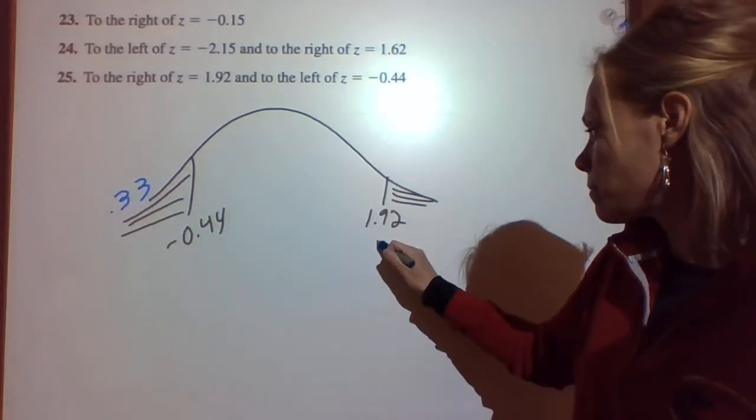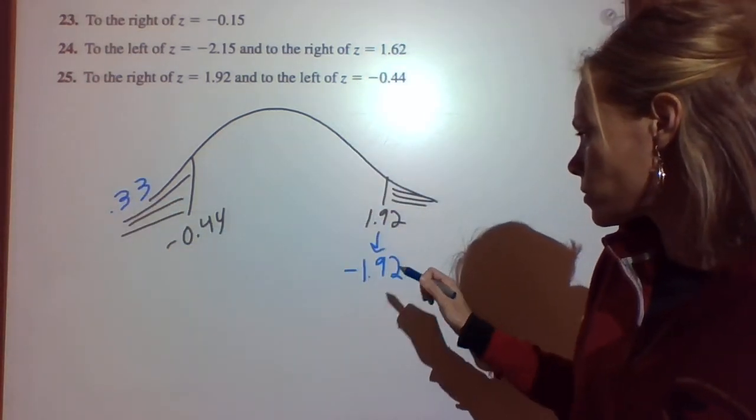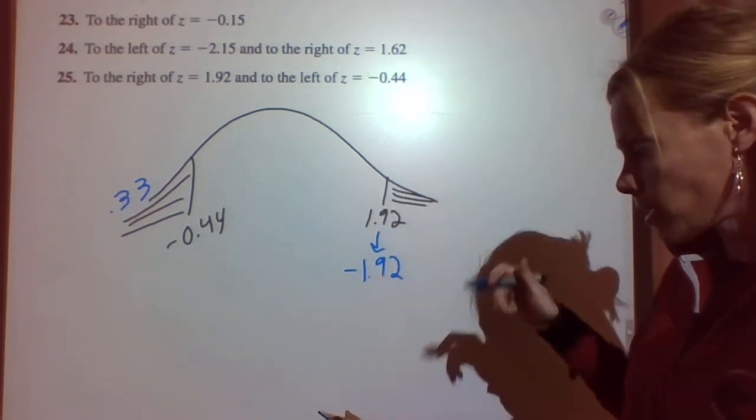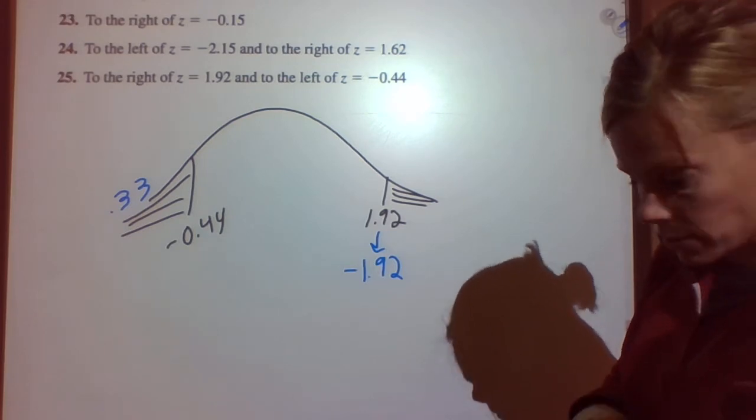Area to the right, I'm going to look up negative 1.92, because whenever I have area to the right all the way, I can look up the opposite. It's a little bit faster.